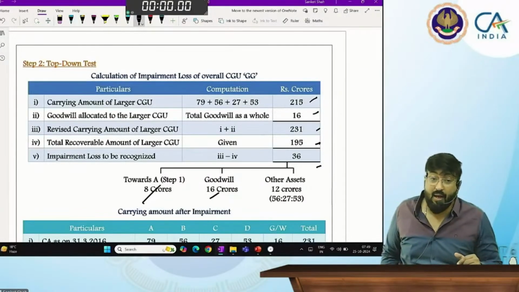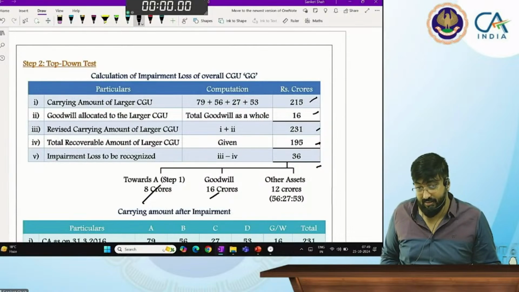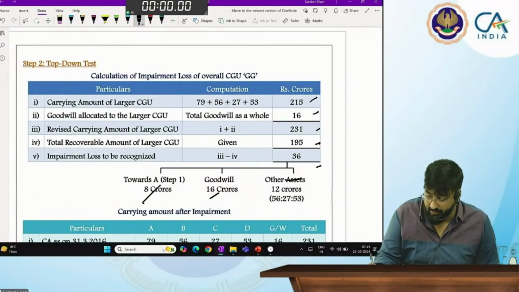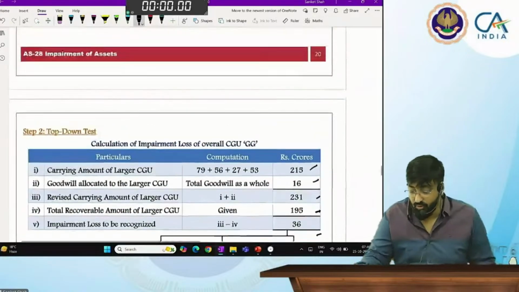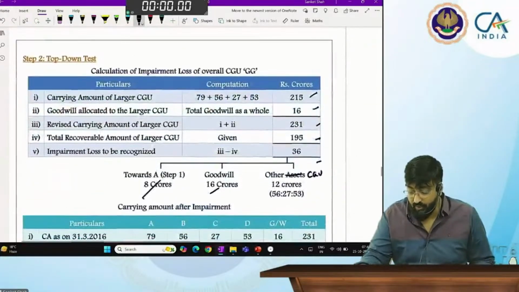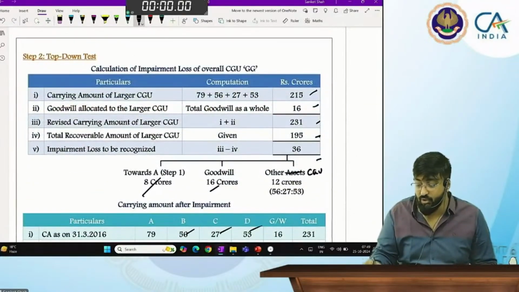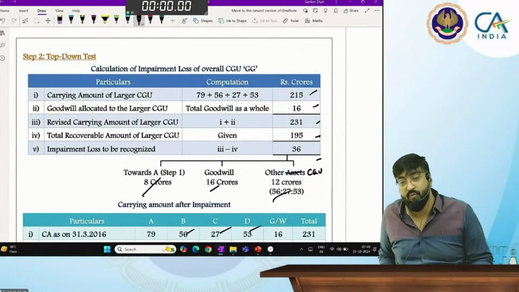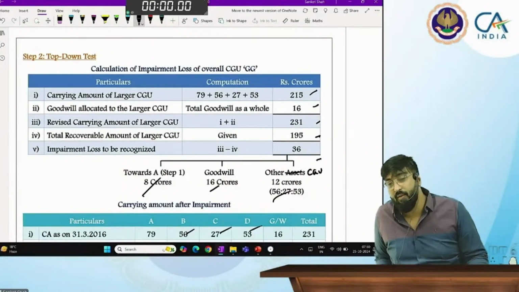Other CGU, sorry, not other assets. What is the ratio of the other CGU, beta? 56 is to 27 is to 53. We are going to divide 12 crores in this ratio, on the basis of carrying amount of beta.